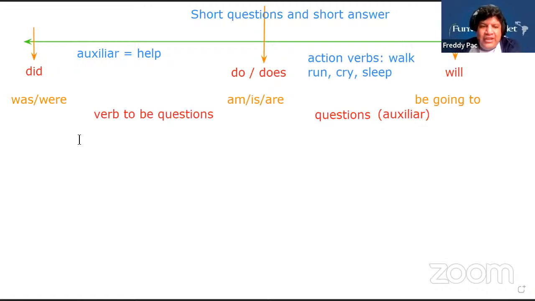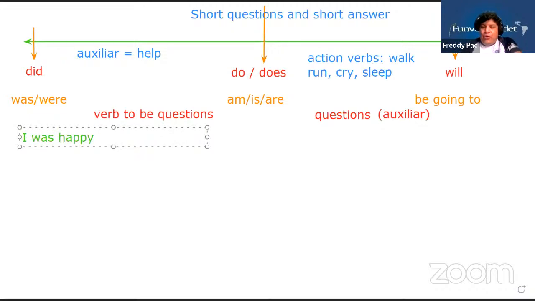The first, guys, I am going to use a question with the verb to be in past. Okay. I was happy. So look, this is an affirmation. It is not a question. How do I create questions with the verb to be? It is very simple.